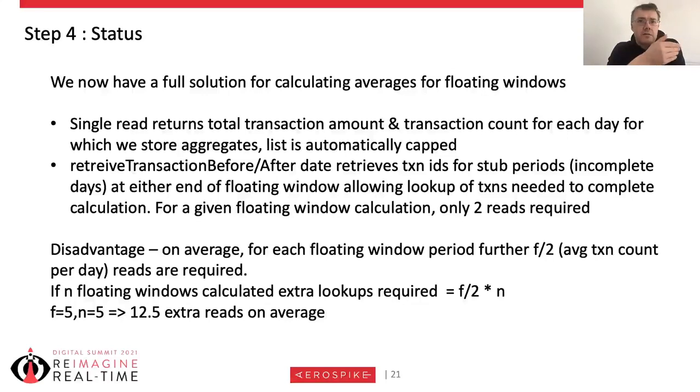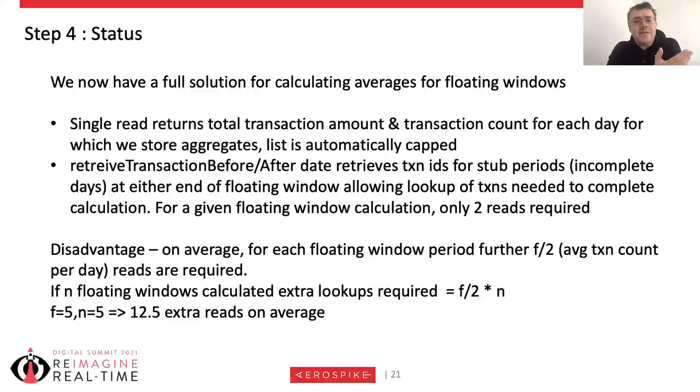I guess the question is, well, are we done here? Sneak preview: this is step 4 of 5, so the answer has to be no. So why is the answer no, that we're not done yet? Well, these stub periods give rise to a significant number of reads in their own right.